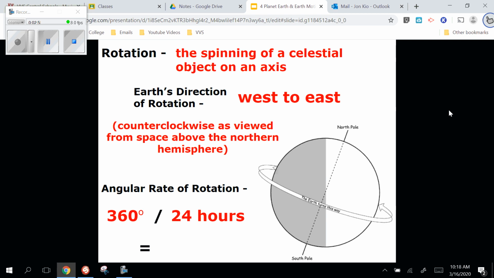Takes 24 hours to do that. 15 degrees per hour. That's where our longitude comes from. That's where our time zones come from. The Earth spins one complete 360-degree rotation in a 24-hour time frame. All right, 15 degrees every hour.